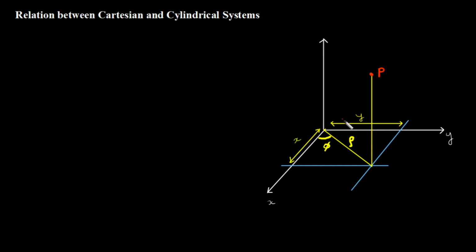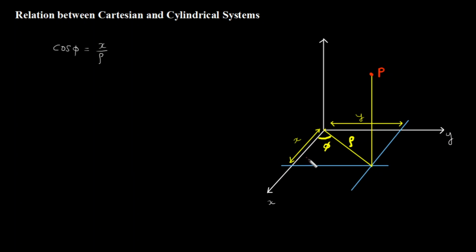Keeping that in mind, I am going to consider this triangle. If I consider this triangle, I can write cosine of phi, that is cos phi, as x divided by rho. This is because this angle will be 90 degrees. So, this is a right angled triangle, it is very clear from the geometry.